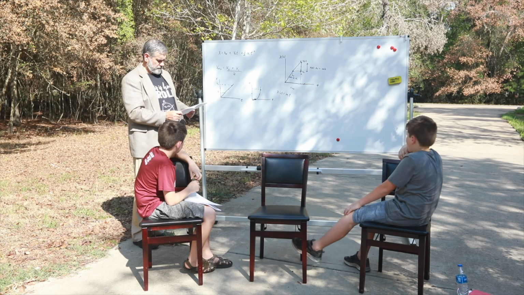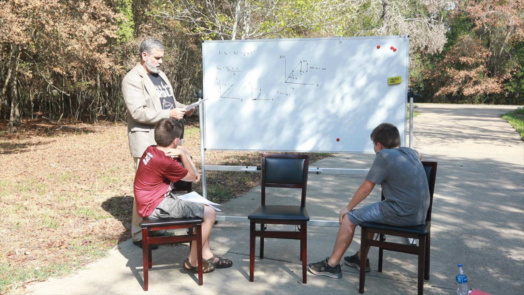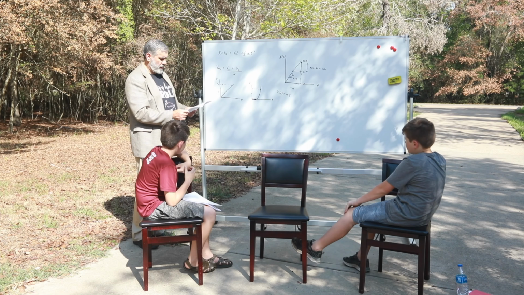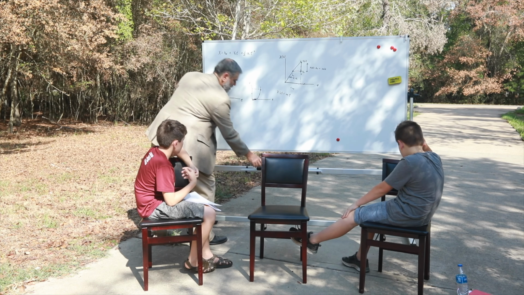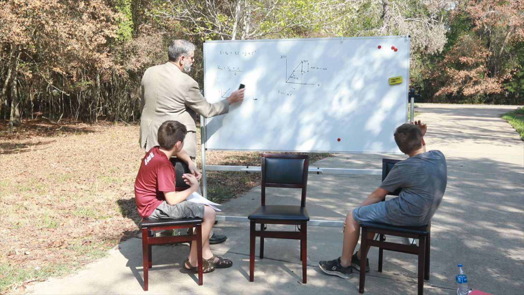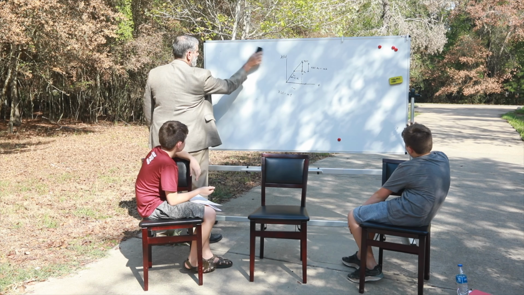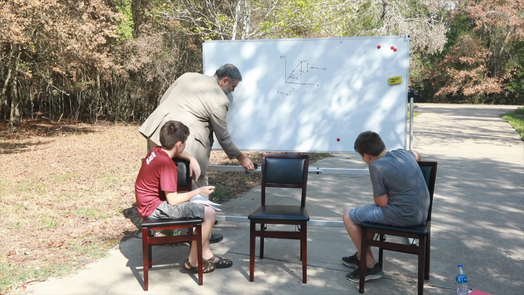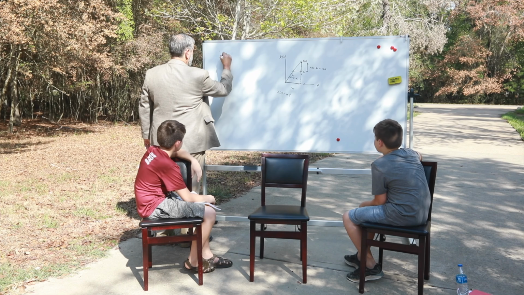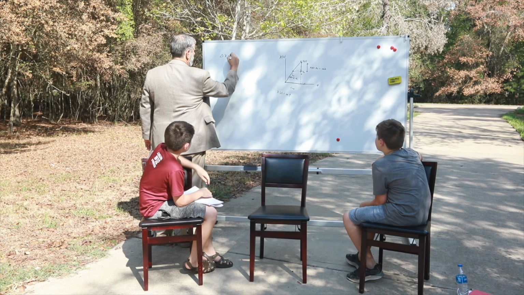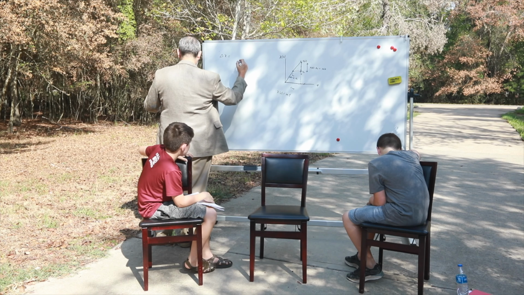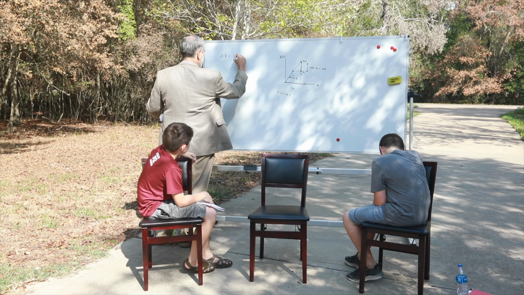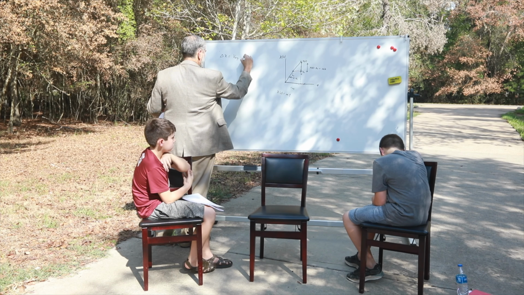Let's see. The displacement delta x is always equal to the product of the average velocity and the time interval. Let's erase some of this so we have some room to work. Is delta x always equal to the product of the average velocity and the time?